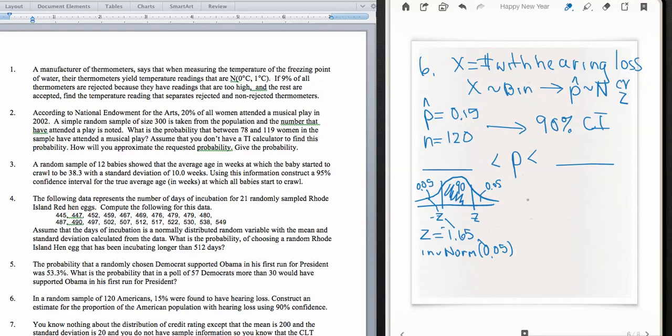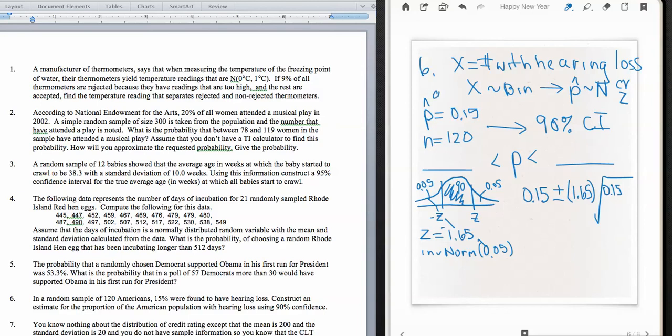So now what we need is our proportion, our p-hat, 0.15, and we need to do plus or minus, and we're going to start out with our critical value, 1.65, and then we need the standard error. Well, the standard error is the p-hat, 0.15, times q-hat.